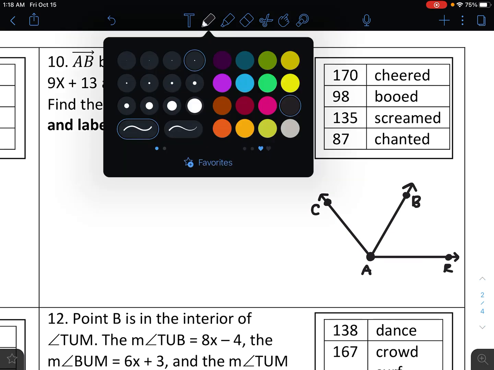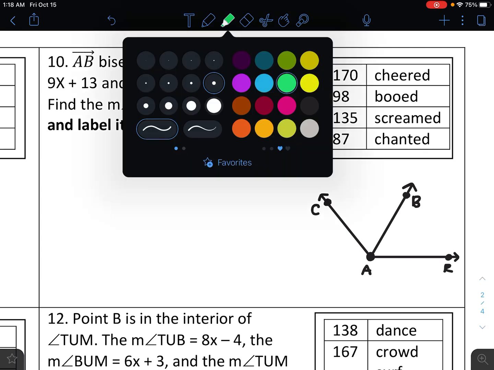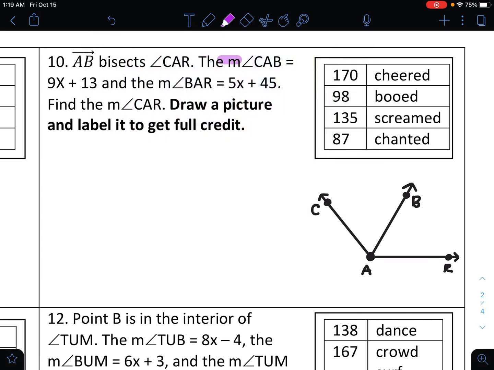So let's go ahead and label this thing with the actual angle expressions. So this is going to be CAB. And this is this one right here. And that's 9x plus 13.